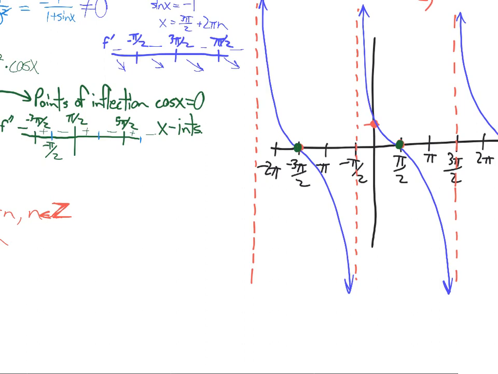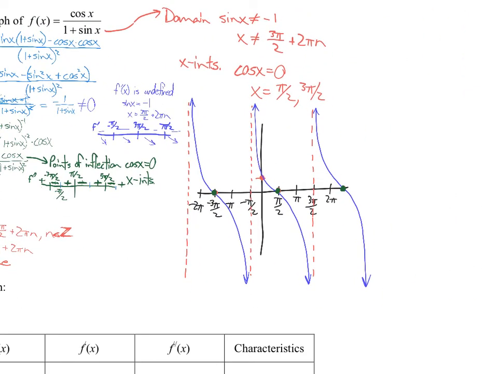Right here, this was concave down. This is concave up. This is concave down. Concave up. Concave down. Concave up. So here, concave up. Concave down. Concave up. Concave down. Concave up. Concave down.